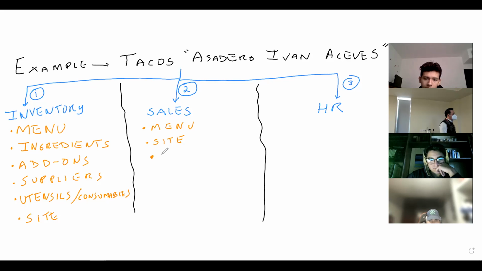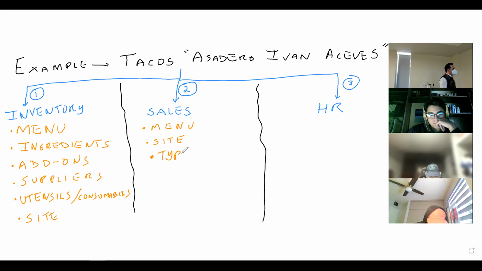Let's call it, how do we call it? I'm going to call it just for now, type of sale. If it's physical or if we're doing delivery, that's interesting. Or let's say this instead of type of sale.